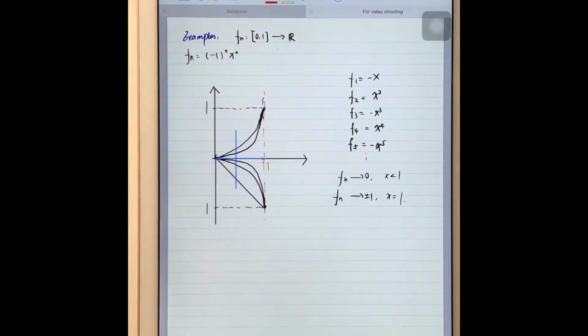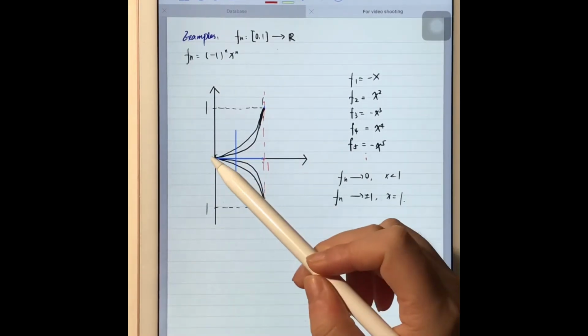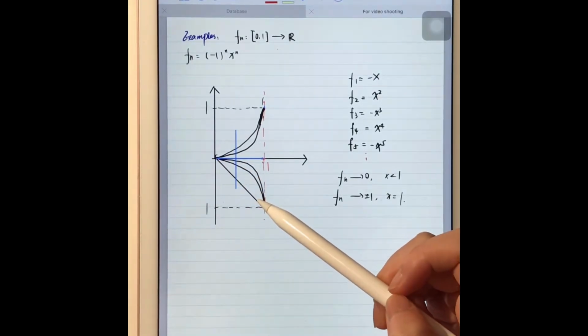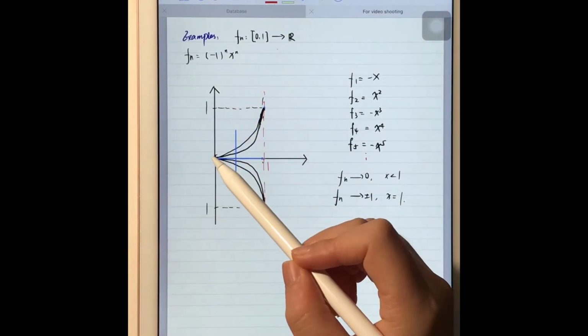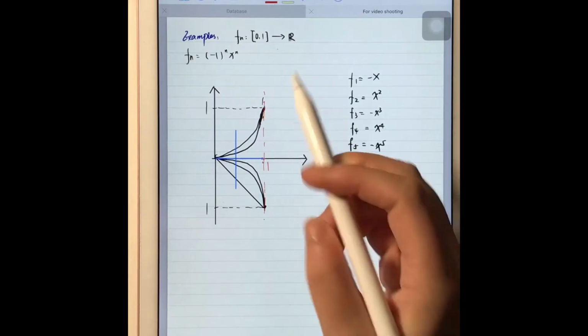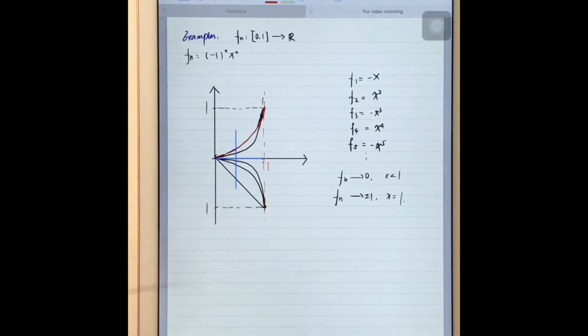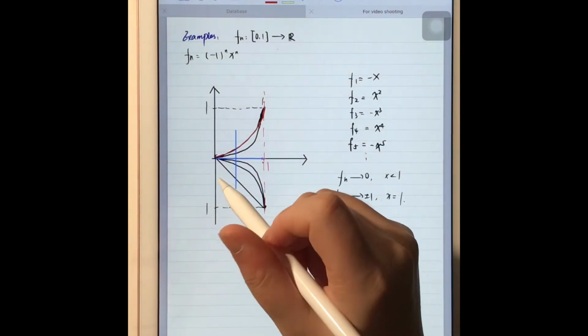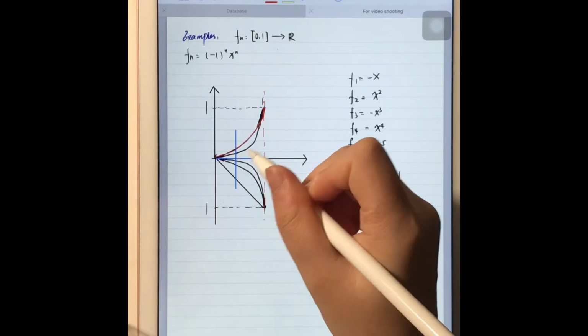So when n is equal to 1, you get -x, which is this line segment. And f2 is x squared, a curve like this, and f3 is -x cubed, this curve, and then f4, f5.